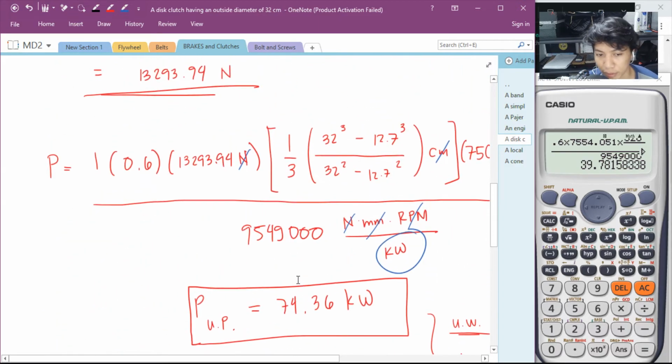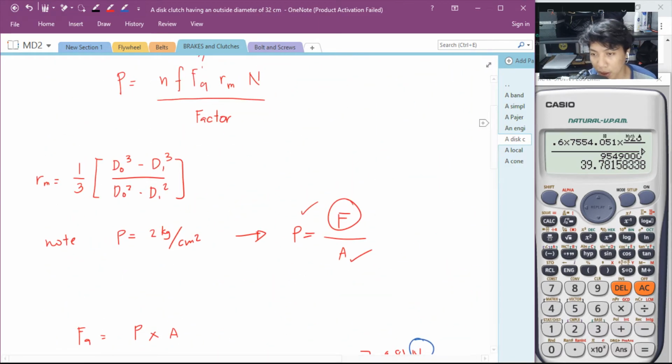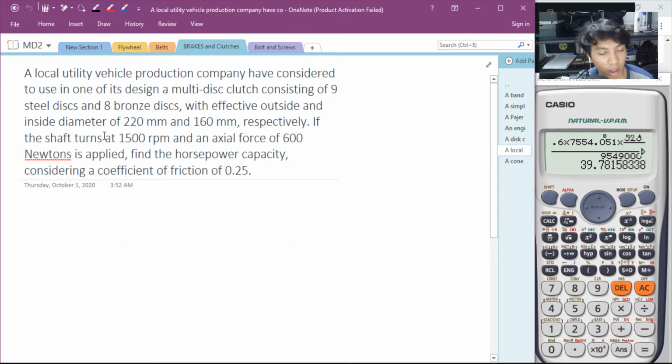Okay, ganun yun. So that is for problem number 1 dun sa last 3. How about the next problem? A local utility vehicle production company have considered to use in one of its design a multi-disc clutch consisting of 9 steel discs and 8 bronze discs.